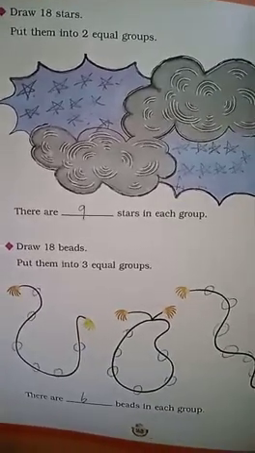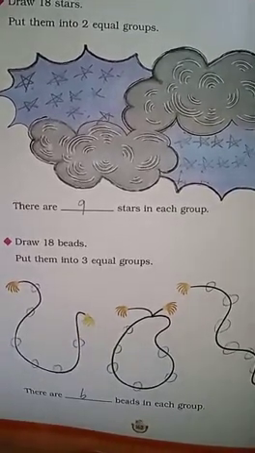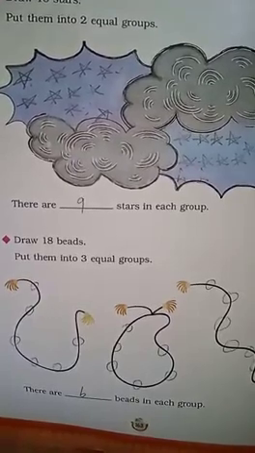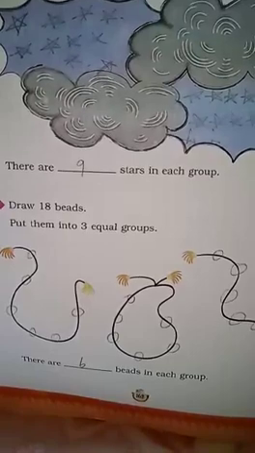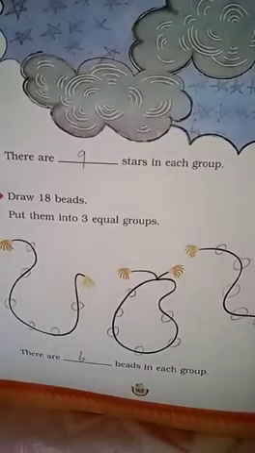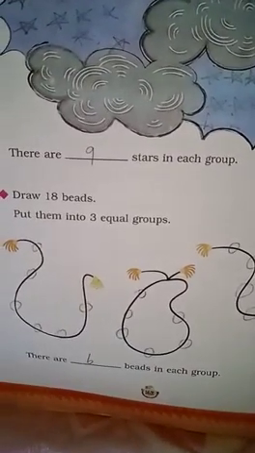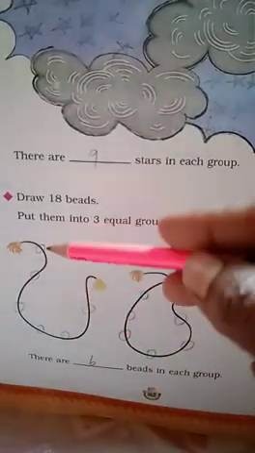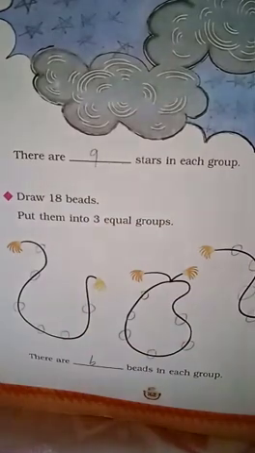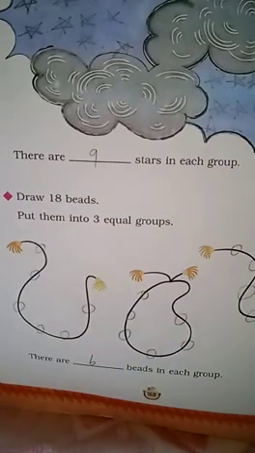Similarly, we have the same number, but we have to divide them into 3 equal parts. How many equal parts? 3 equal parts. We are distributing them into 3 equal parts. Here 1, 2, 3, 4, 5, 6.